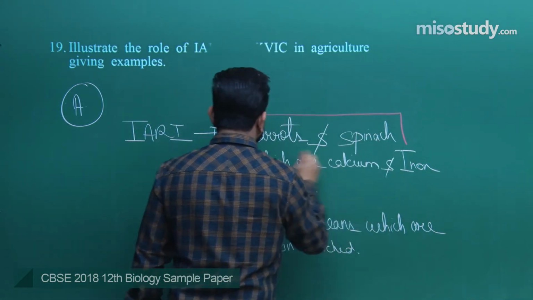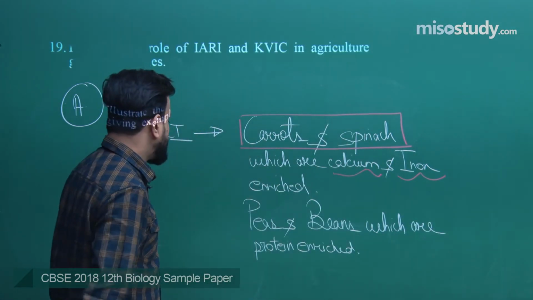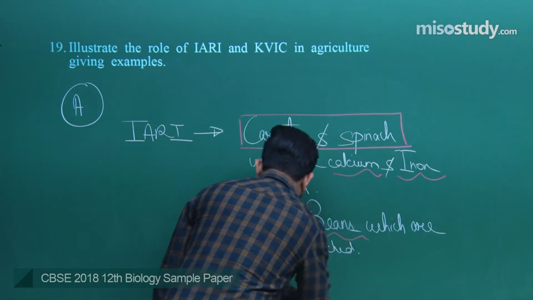So carrots and spinach which are calcium and iron enriched, and peas and beans which are protein enriched.